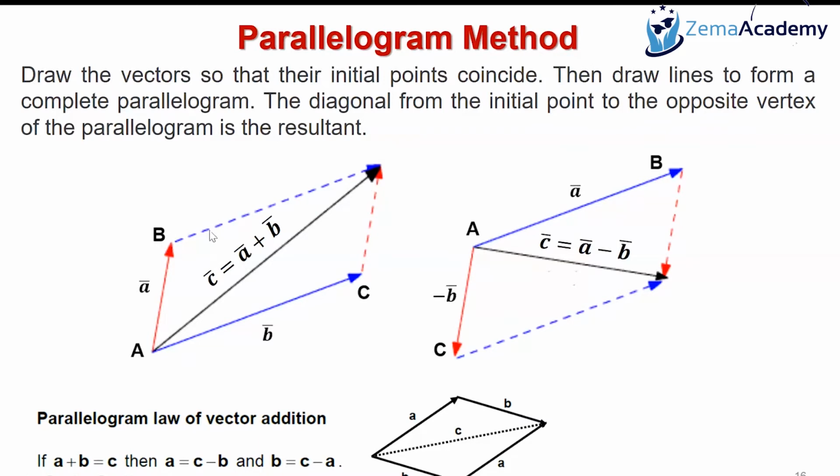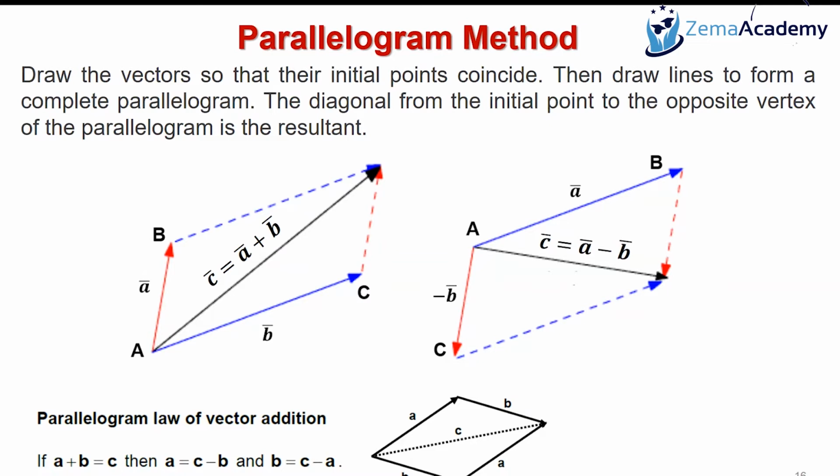Once you have filled this in, the diagonal forms the resultant vector, which starts from the initial point A and ends at the opposite vertex of the parallelogram. So if you look at it again, A plus B results in C.